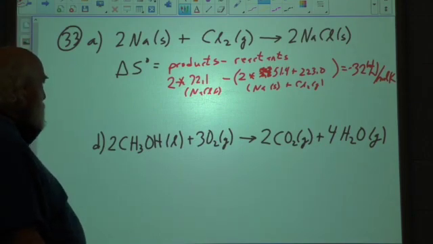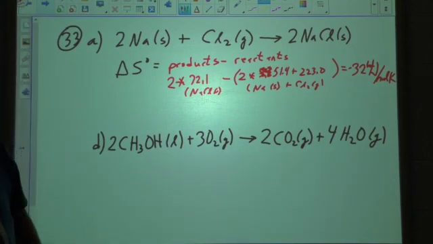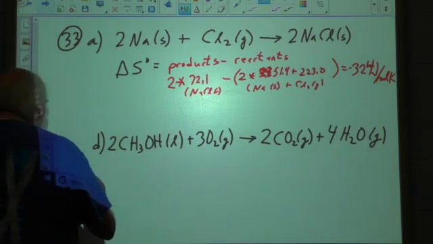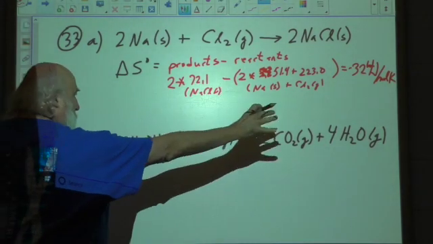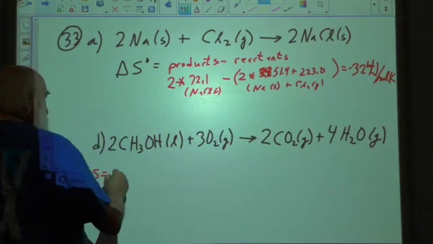Now we do the same thing over here. Our delta S value starts with our products minus reactants.